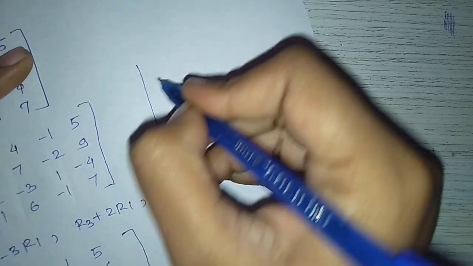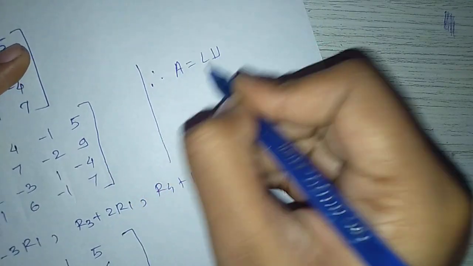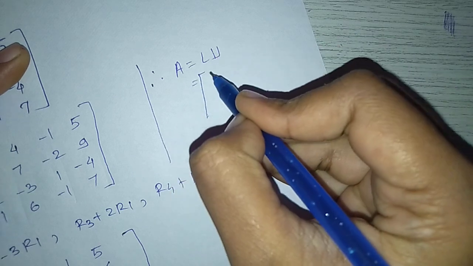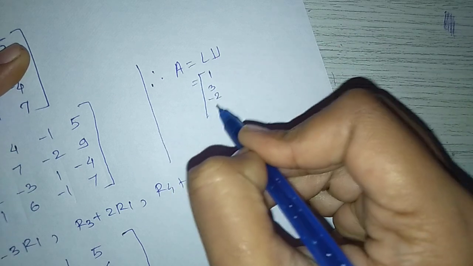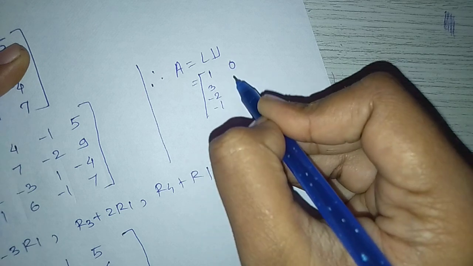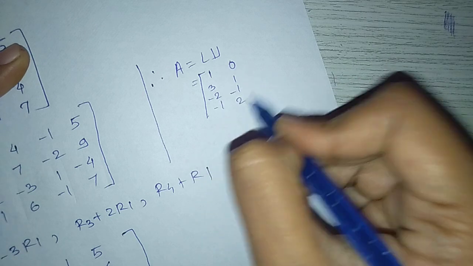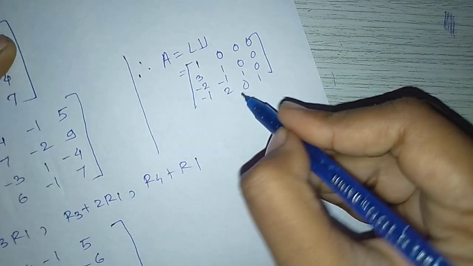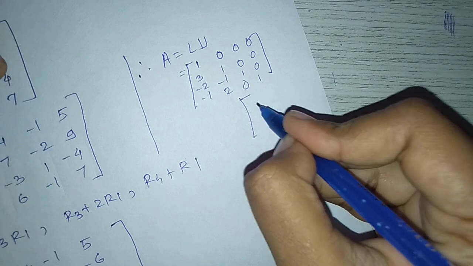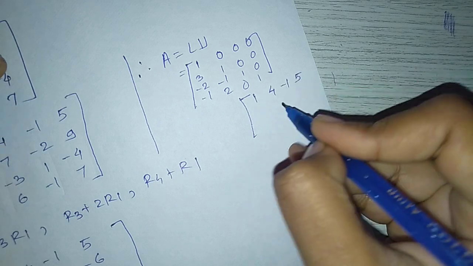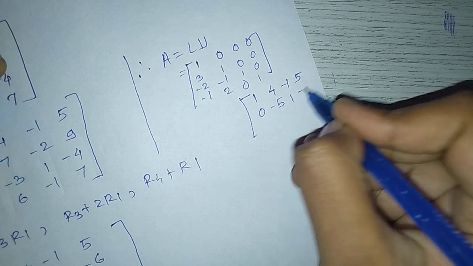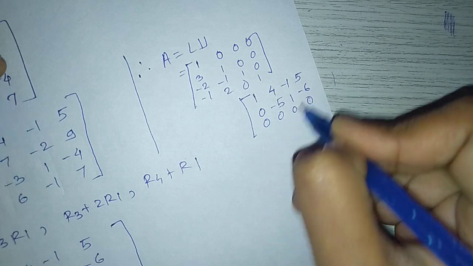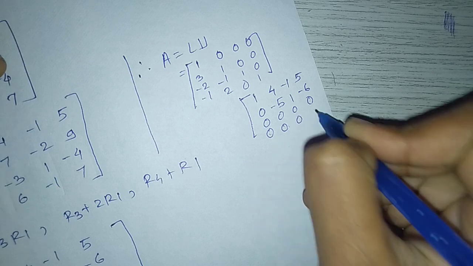So this is your upper triangular matrix and this is your lower triangular matrix. Therefore, A equals L into U, where L is 1 3 minus 2 minus 1, 0 1 minus 1 2, 0 0 1 0, 0 0 0 1, and U is 1 4 minus 1 5, 0 minus 5 1 minus 6, 0 0 0 0, 0 0 0 0.